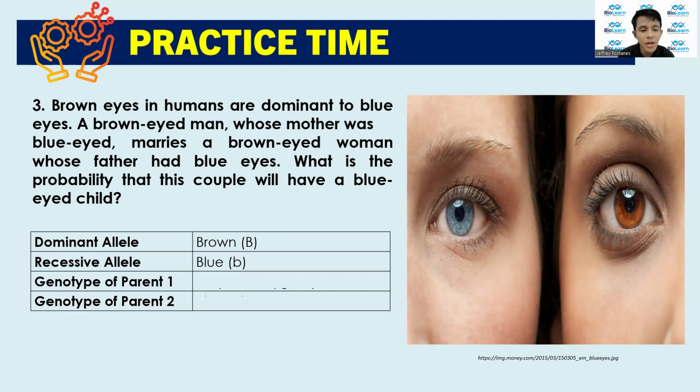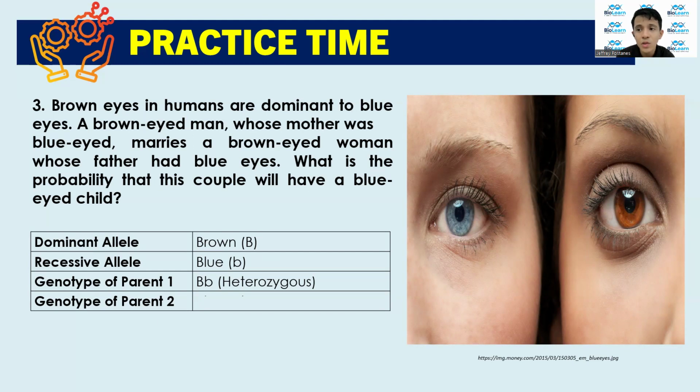Next, genotype of parent 1. Let's say that's the brown-eyed man whose mother was blue-eyed. So we can say that's heterozygous because if the mother of that man has blue eyes, then for sure the genotype of his parent is small b or homozygous recessive.